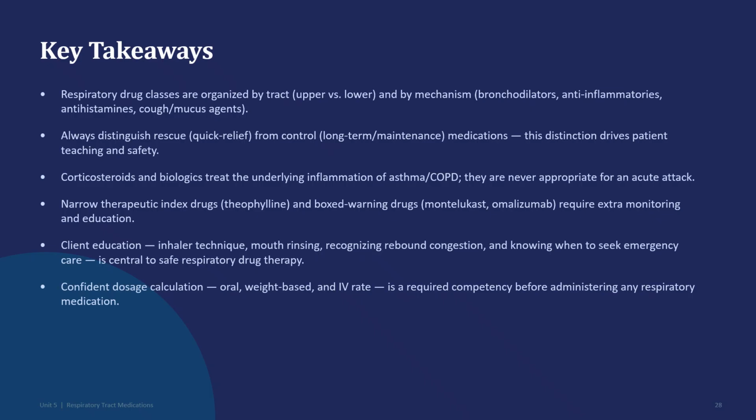Sort any new medication into one of those 3 buckets, and you will already understand the role of that medication. Two, rescue versus control is the single most important safety distinction in this entire presentation. Fast-acting smooth muscle drugs treat the emergency in front of you. Slower anti-inflammatory drugs prevent the next one. Mixing them up is genuinely dangerous. It is a common error, but it is dangerous.